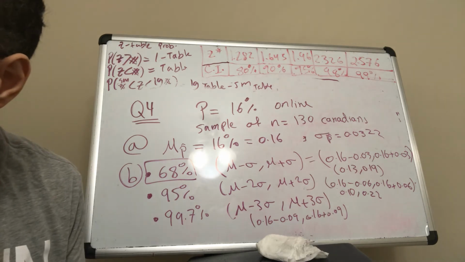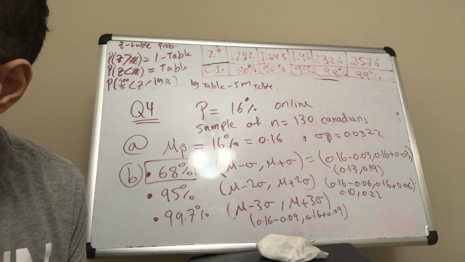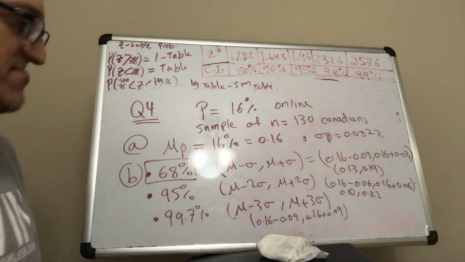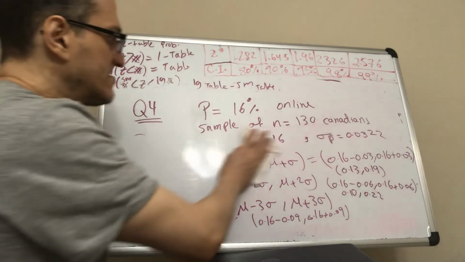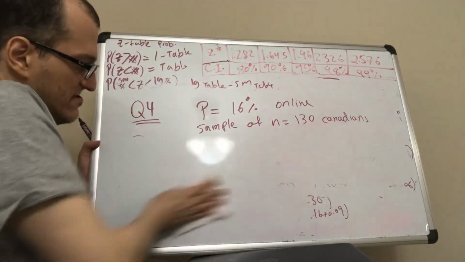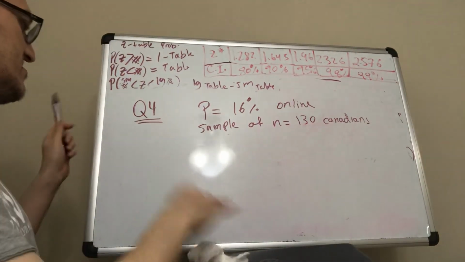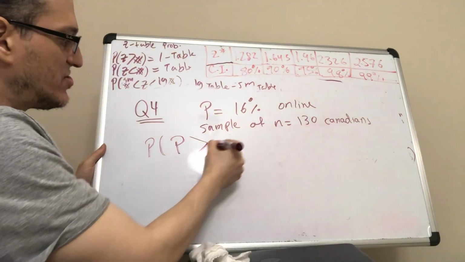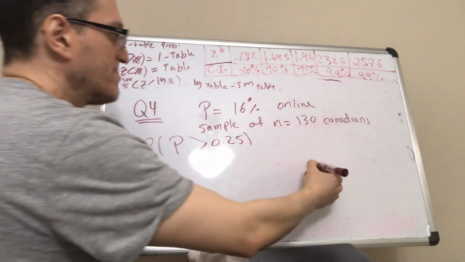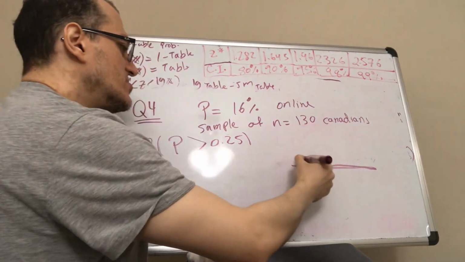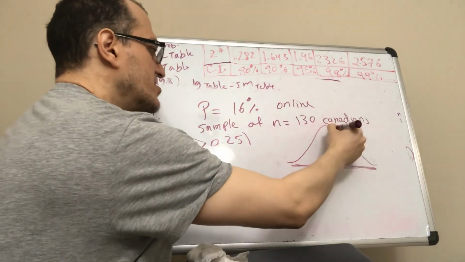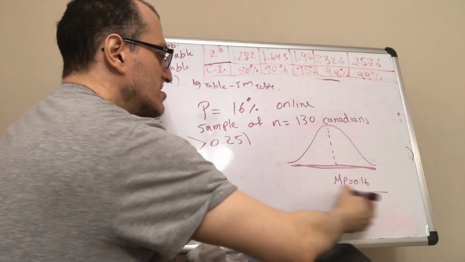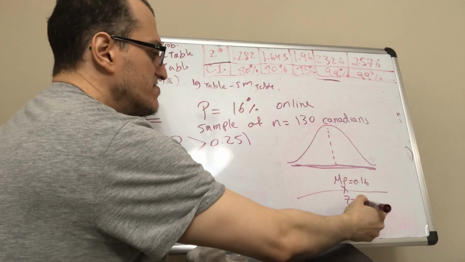Question C. Find the probability that more than 25% of Canadians no longer watch. The percentage that p hat is more than 25. So we go here, the middle point would be your mu p. We found this to be 16% at the Z line 0.